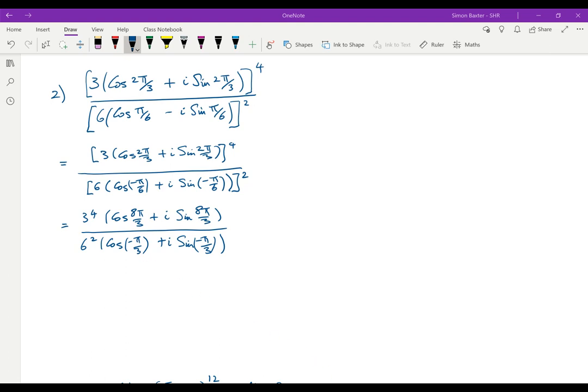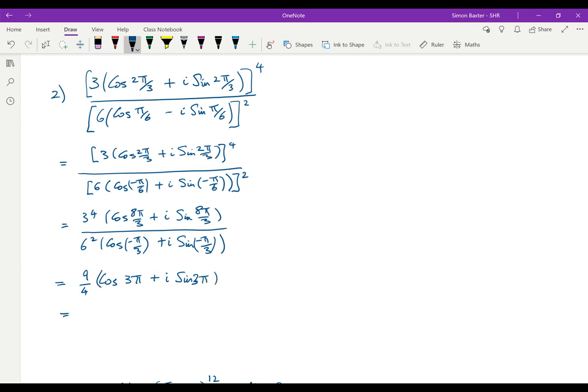So this gives us 3 to the 4 over 6 squared is 9 over 4, cos 8 pi by 3 subtract minus pi by 3 will give us 9 pi by 3, which is 3 pi, I sine 3 pi.